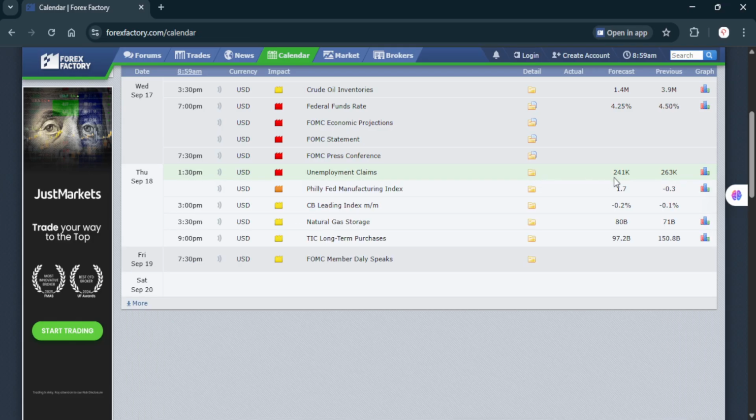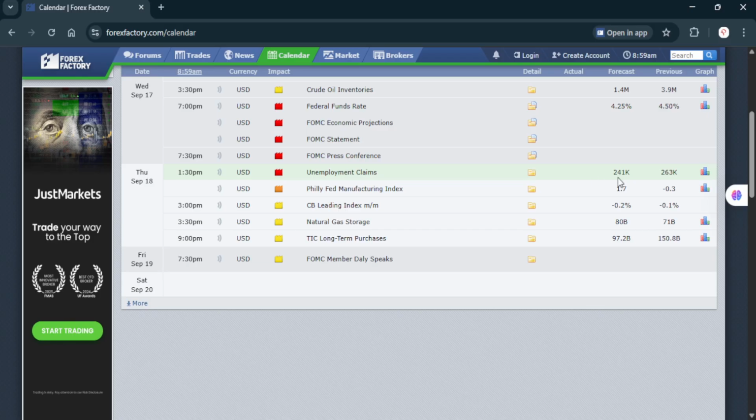So what this actual less than forecast means is that if the people that filed for unemployment reduces from this number you're seeing here, all right, let's say it reduces to 231k, it means that there was some level of employment within that short period of time, so it's going to add value to the dollar.